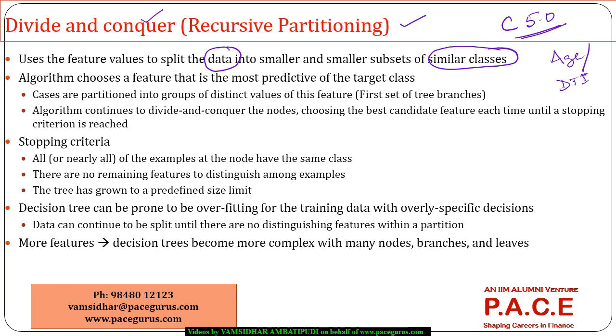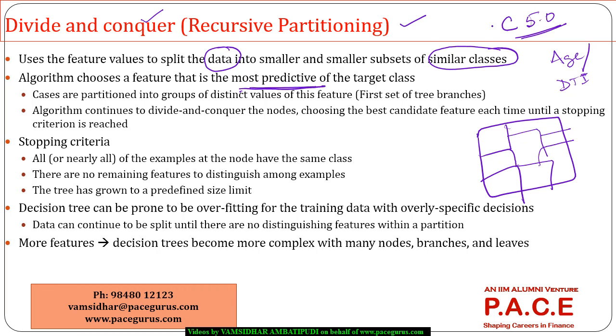It will look at the one feature which is the most predictive of the target class. Now it is like this. This is the whole data, and now the data is partitioned into different groups. So this is how the data is partitioned into small subsets.